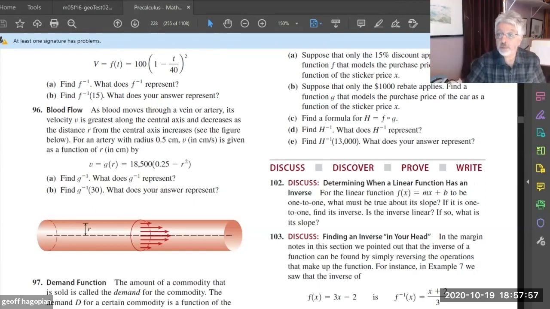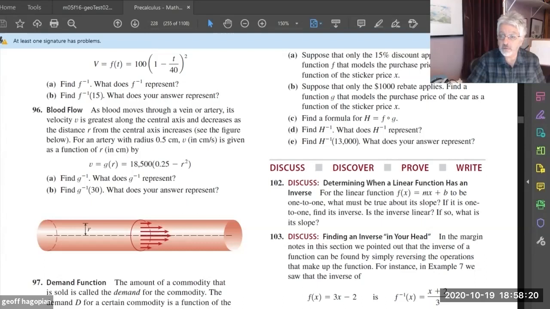Blood flow. As blood moves through a vein or artery, its velocity v is greatest along the central axis and decreases as the distance from the central axis increases. So the central axis is this dotted line, right? You see the radius, it's a cylinder, and the cross sections are circles then, right?